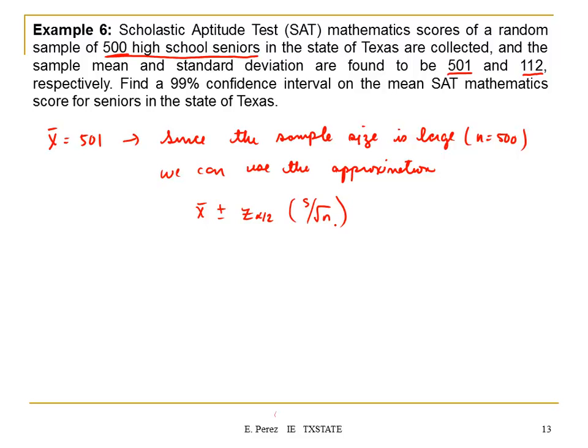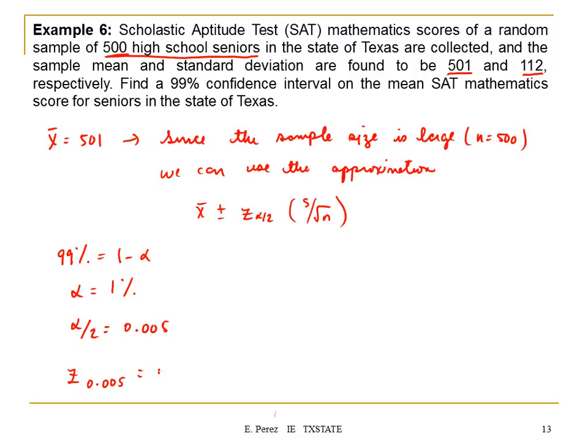Okay, so we want to compute a 99% confidence interval. So our alpha value is 1%. So alpha half is 0.005. And if you find that value for the standard normal distribution, you get the positive value of that.